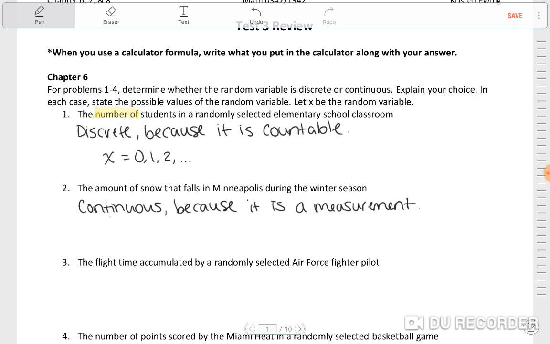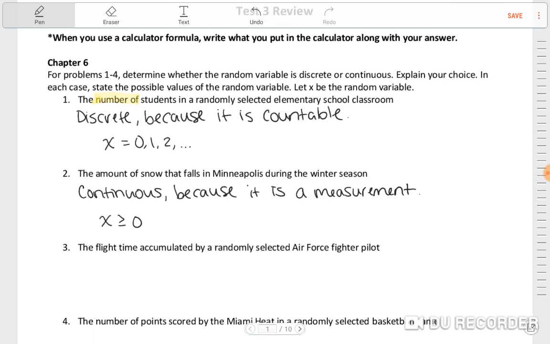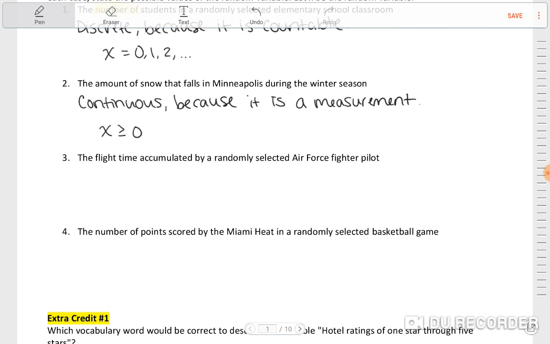And then for continuous cases, we use the inequalities. So our x can be anything that's greater than or equal to 0, because we're talking about snowfall. It can't be negatives, so it has to be greater than or equal to 0. It could be 0 because there could have been no snow that season.